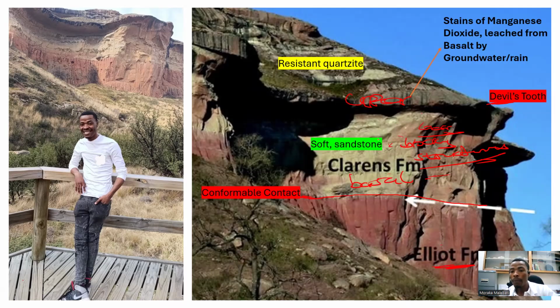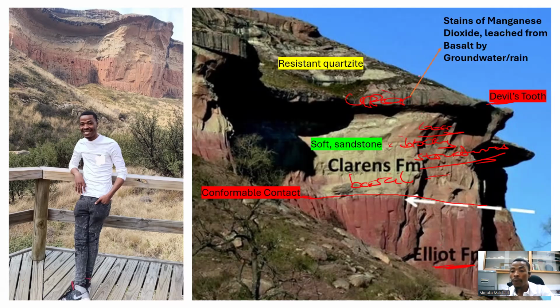All right, but now we also have these black stains. This is because on top of the Clarence we have the basalts of the Maloti Drakensberg mountains. And we know that basalt is easily weathered. There is intense weathering in the Maloti Drakensberg Mountain.